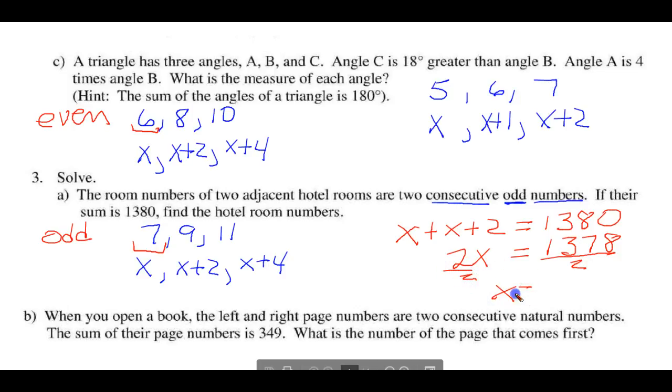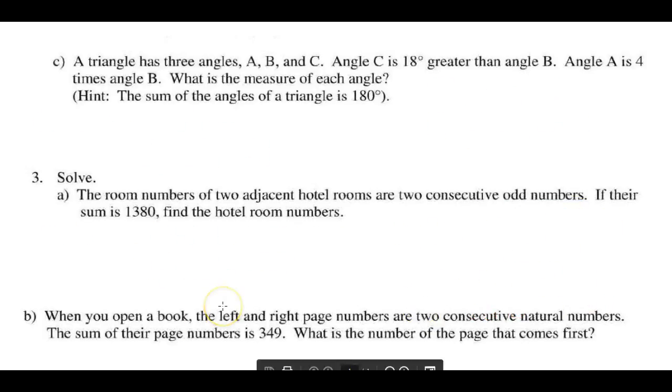We get x equals 689. Now, that's what one of the rooms is. The other room is 691, when you add 2 to this. So they're asking for the room numbers. So for this one, you have to have both.